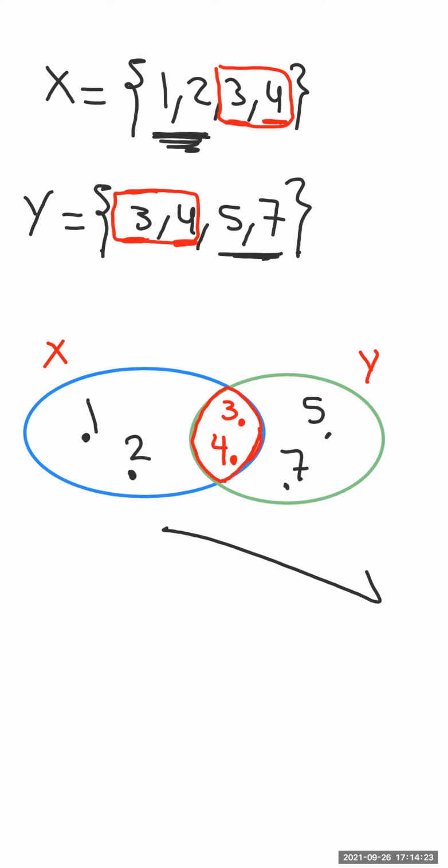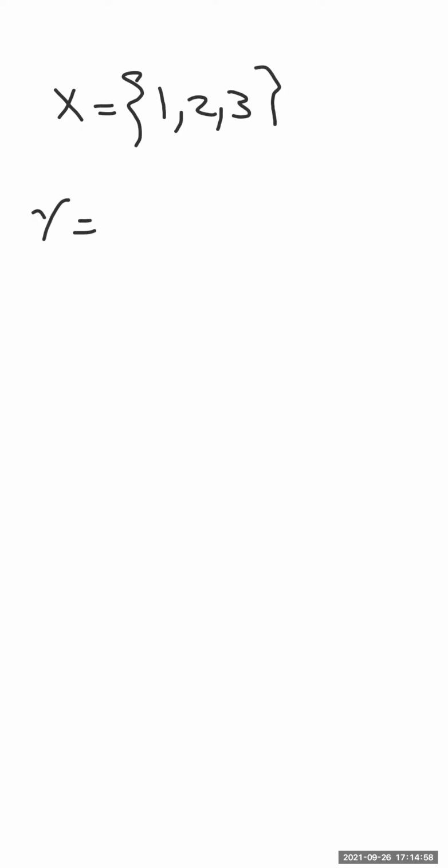If there are common elements between two sets, or three sets, we have to draw the ovals with an intersection area, a common area between them. Both of them share the same area, this one, which consists of 3 and 4, because 3 and 4 exist in the two sets. But if the two sets are like this, X equals 1, 2, 3 and Y equals 5, 9, 12, check the two sets.